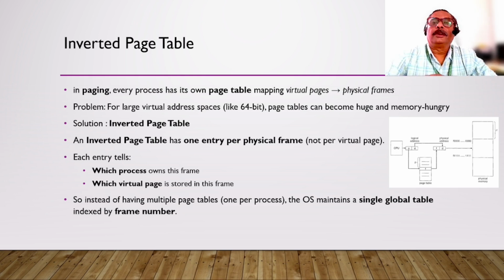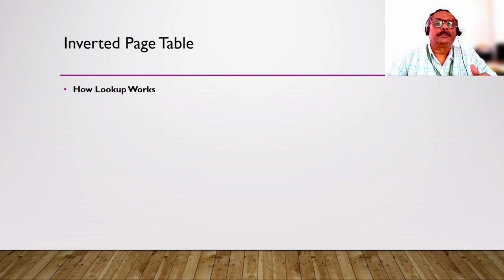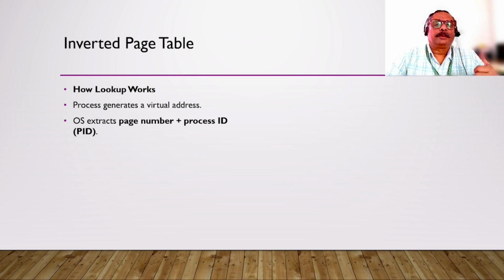So instead of having multiple page tables, one per process, now the operating system maintains one single global table, indexed by the frame number instead of indexing by the PID and page number. We index by the frame number. And how is it done? The process generates a virtual address, and the operating system extracts the page number and the process ID.